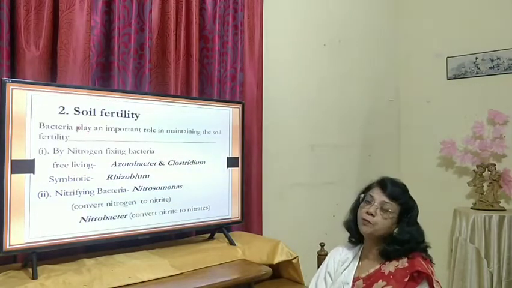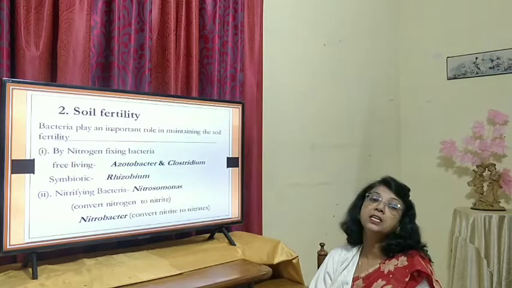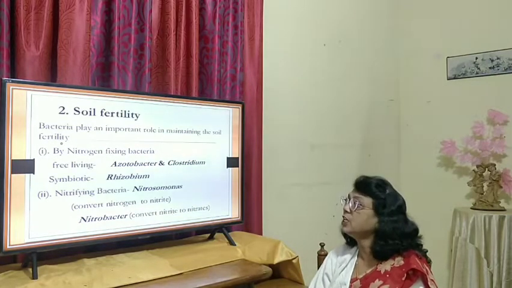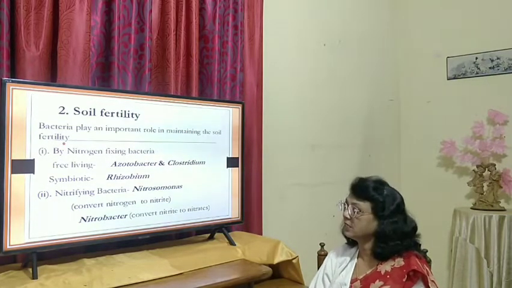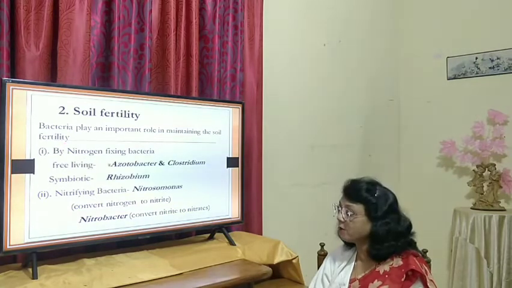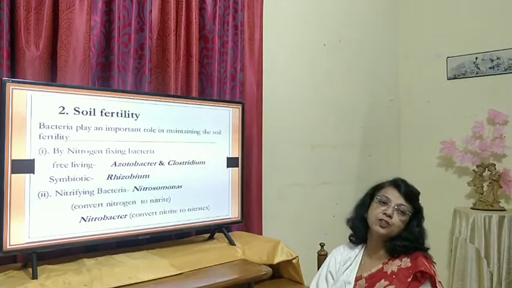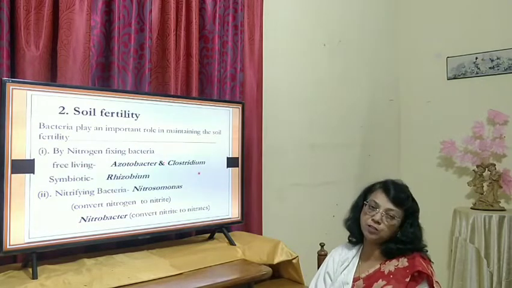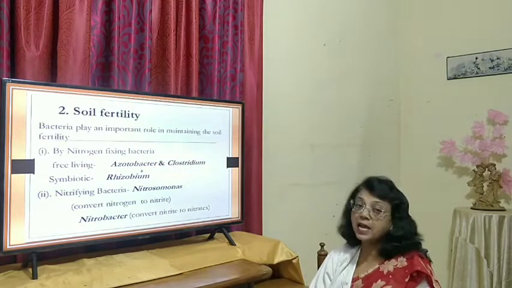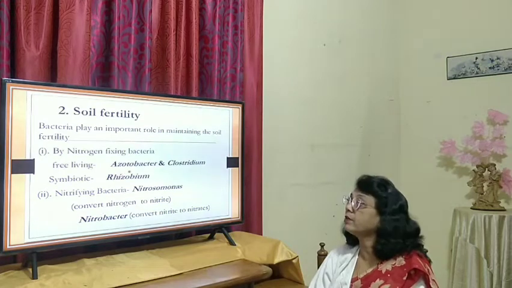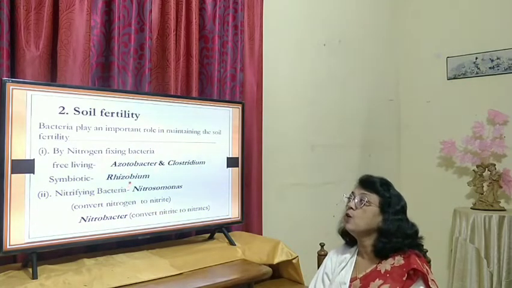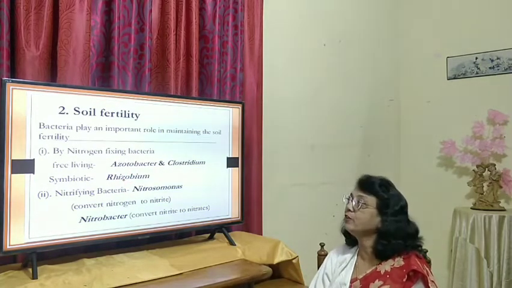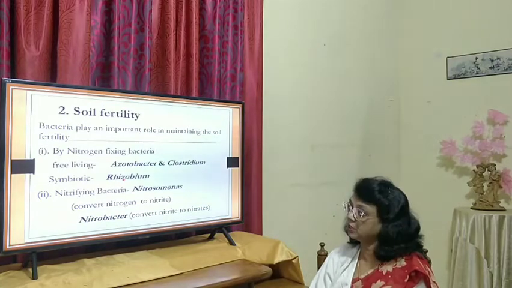Bacteria play an important role in maintaining soil fertility, which we have just now studied, through nitrogen fixing bacteria. These nitrogen fixing bacteria are Azotobacter and Clostridium. It is also the Rhizobium bacteria which is helpful in fixing the nitrogen.